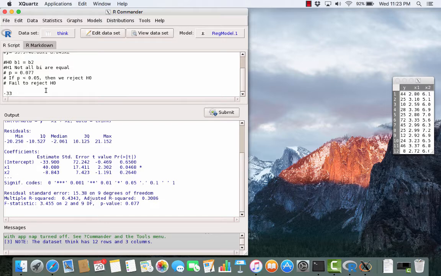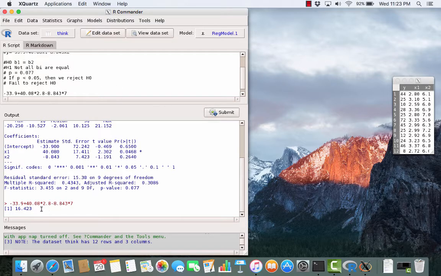I have minus 33.9 plus 40.08 times 2.8 minus 8.843 times 7 and hit submit. And the score would be 16.423. Okay, so that's all there is to it.